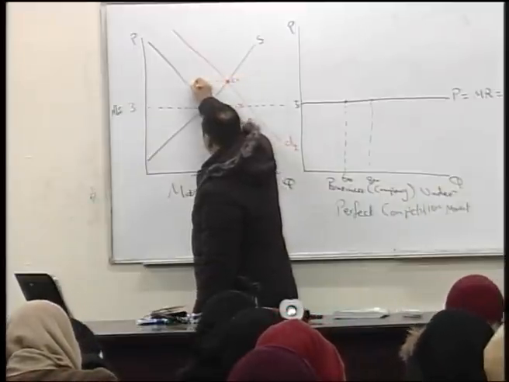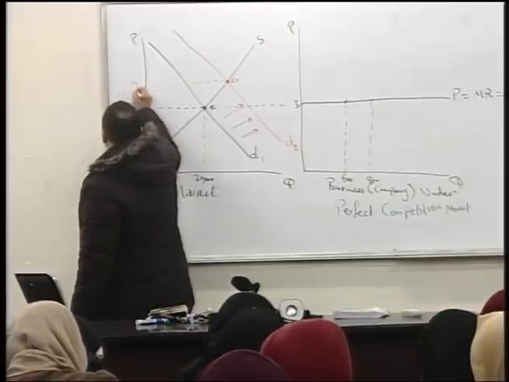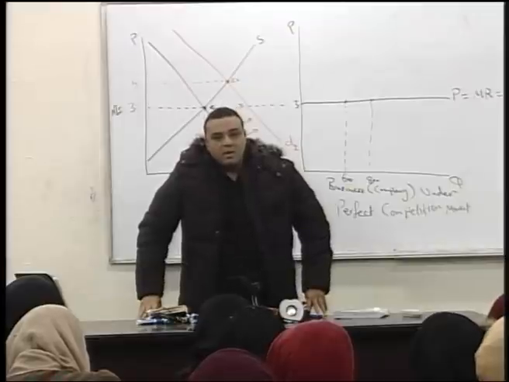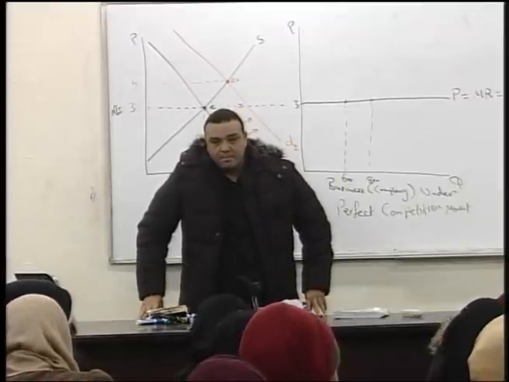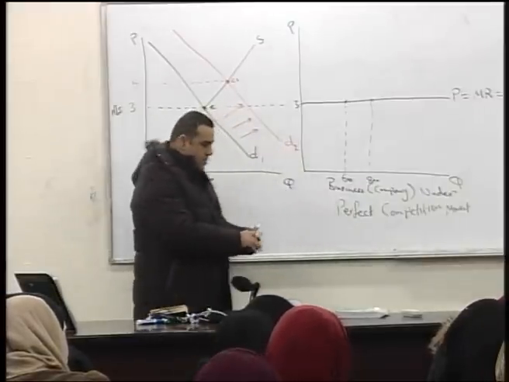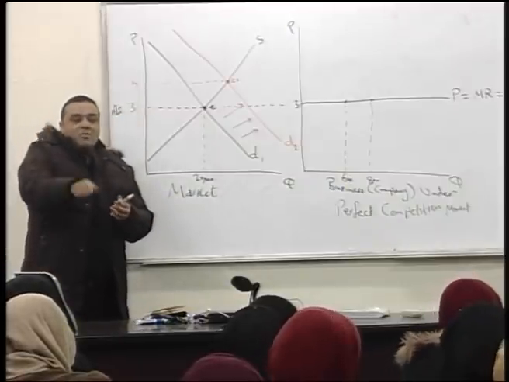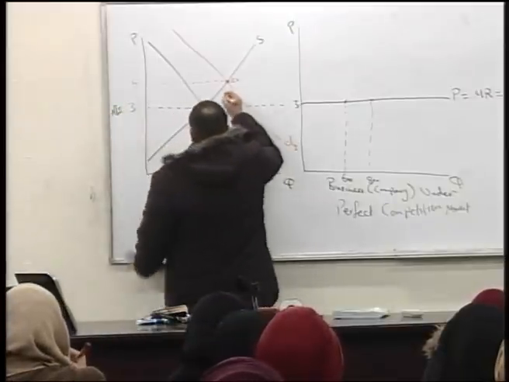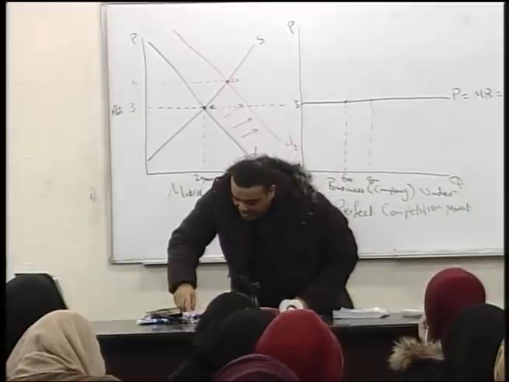How much is the new equilibrium price? Let us assume it becomes 5 shekels. Now, what is the price that the business that works under the perfect competition market sells at in this case? It should use the same new market price, the same new equilibrium price.